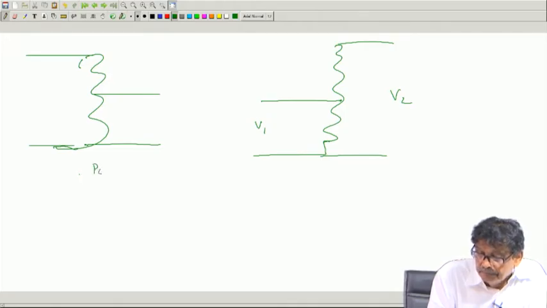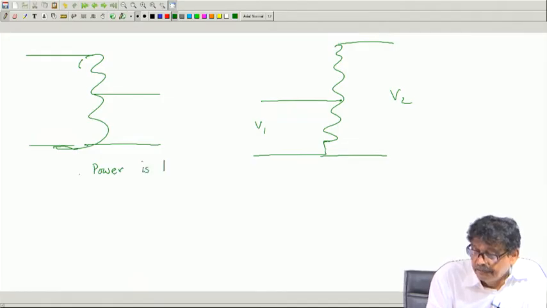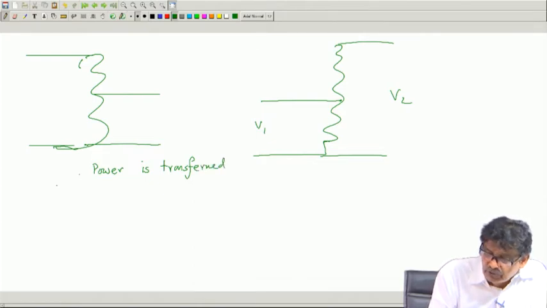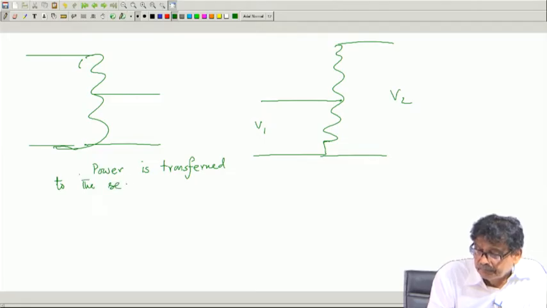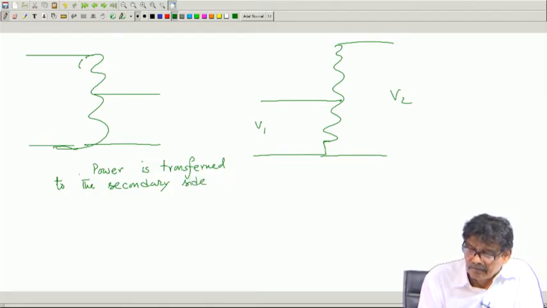Power is transferred to the secondary side, both for step down and step up case.